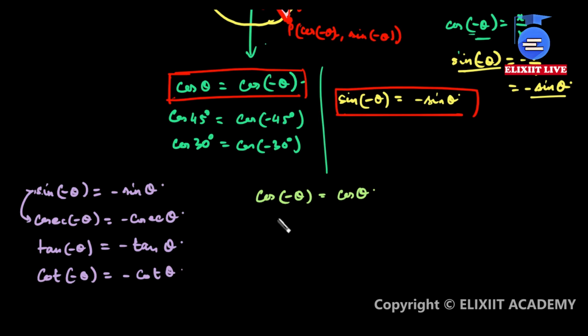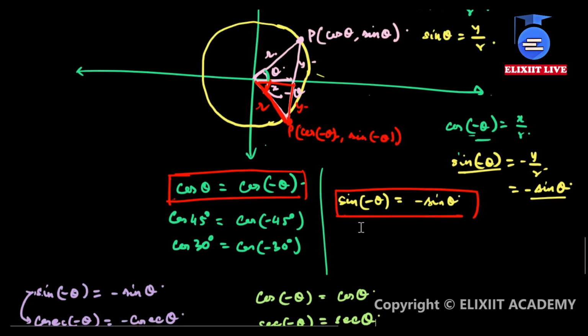So the opposite of cos, that is sec of minus theta, is sec theta. Only cos is not affected by the negative angle. Otherwise, the other t ratios are affected by negative angles. Proof is what we have just seen.